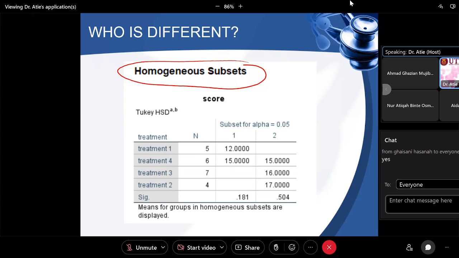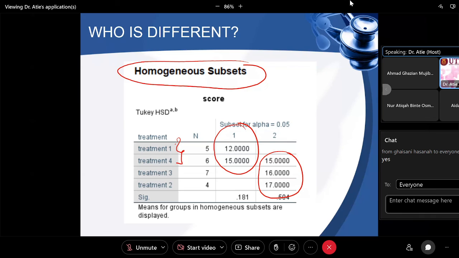It clusters or groups the ones that are similar together. In this case, the test groups treatment 1 and treatment 4. It says they are similar, they can be together. But the second group, treatment 4, treatment 3, and treatment 2, are almost equal, so they can be grouped together.